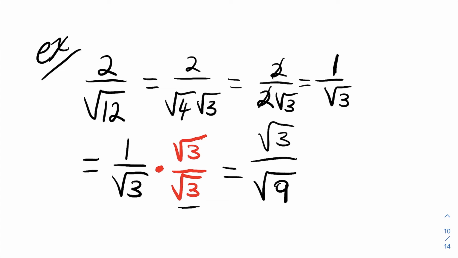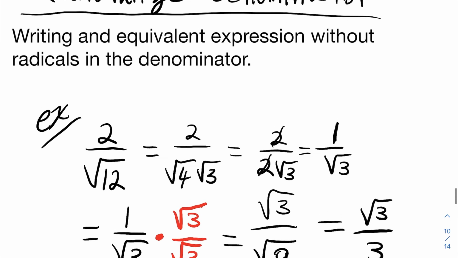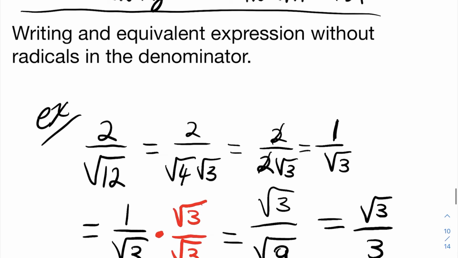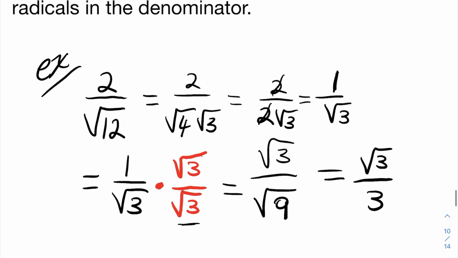It doesn't matter that the numerator is going to be irrational now, because all I'm doing is rationalizing the denominator. And now the denominator is the rational number square root of 9, which is just 3. The numerator is still the square root of 3, which is irrational, but the denominator is rational, and that's all we care about right now, because we're being asked to rationalize the denominator.